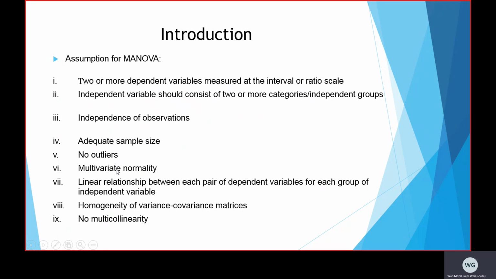Sixth, there should be multivariate normality of the dependent variables, so we can test with Shapiro-Wilk, and the p-value must be greater than 0.05. Number seven, a linear relationship between each pair of dependent variables for each group of the independent variable. Eight, homogeneity of variance-covariance matrices. And the last one, there should be no multicollinearity; dependent variables should be moderately correlated with each other.